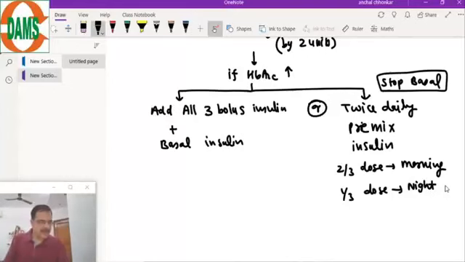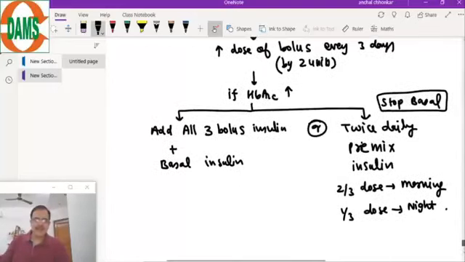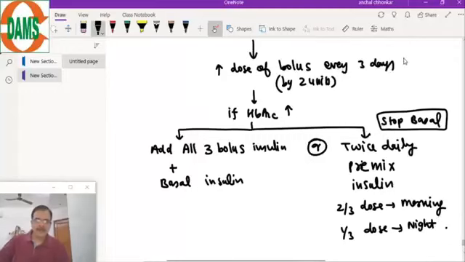We check HbA1c every 3 months, not days. We check the sugars every 3 days, based on glucose values.